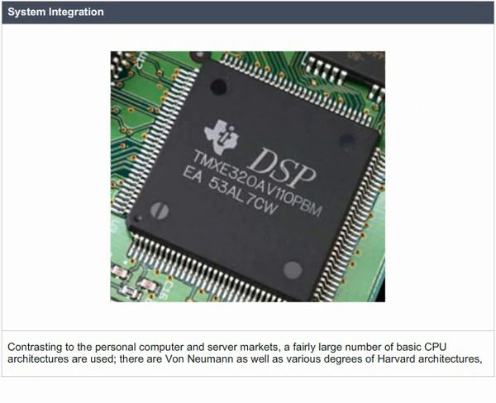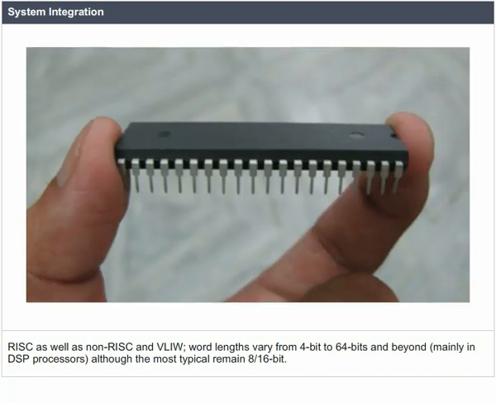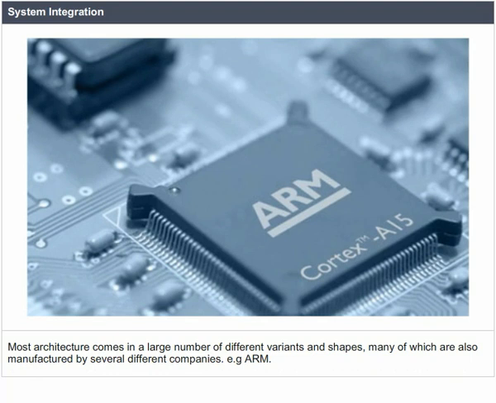There are von Neumann as well as various degrees of Harvard architectures, RISC as well as non-RISC, and VLIW. Word lengths vary from 4-bit to 64 bits and beyond, mainly in DSP processors, although the most typical remain 8 or 16-bit. Most architecture comes in a large number of different variants and shapes, many of which are also manufactured by several different companies. For example, ARM.